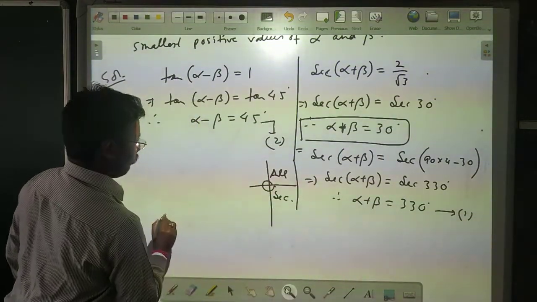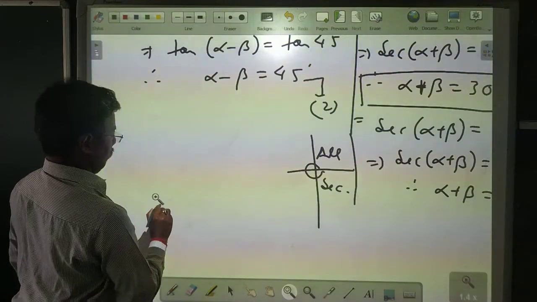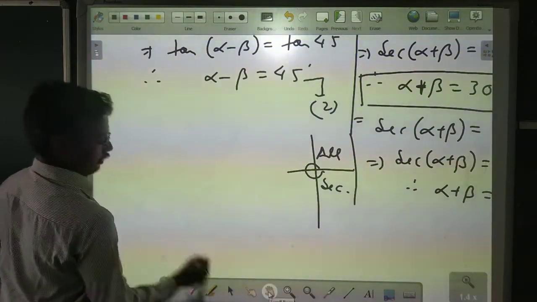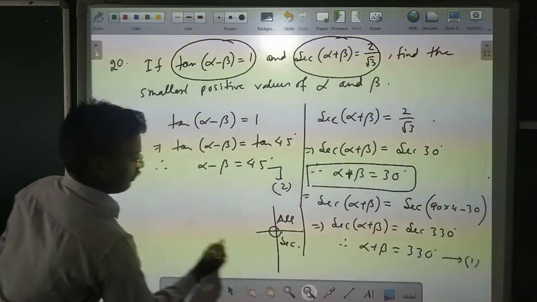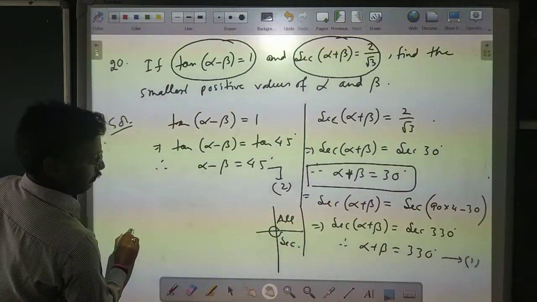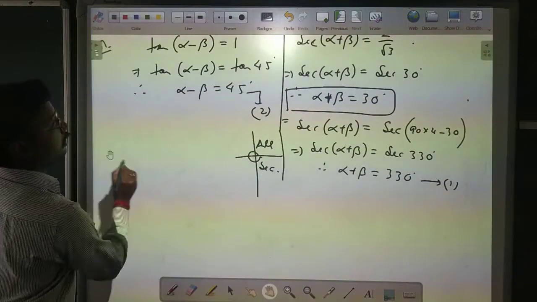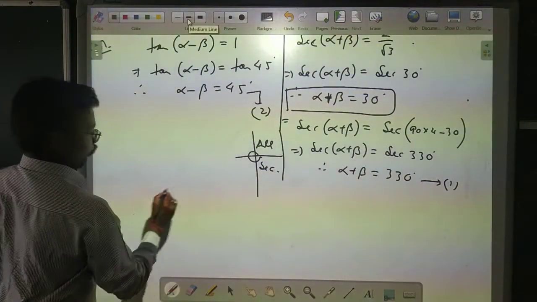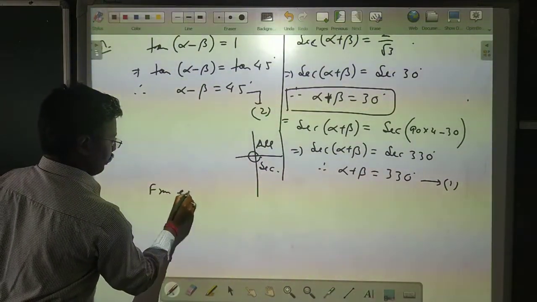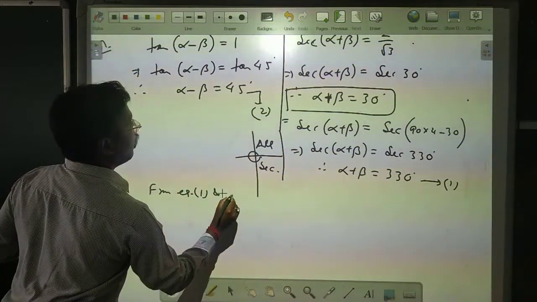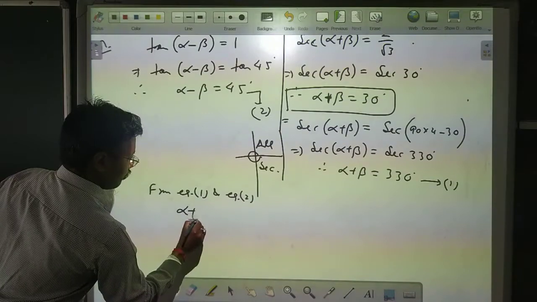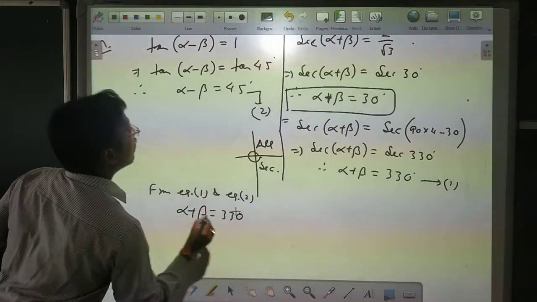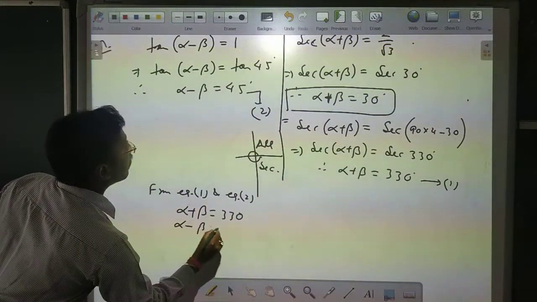Now solving these two equations, from equation 1 and 2, alpha plus beta is equal to 330 and alpha minus beta is 45.